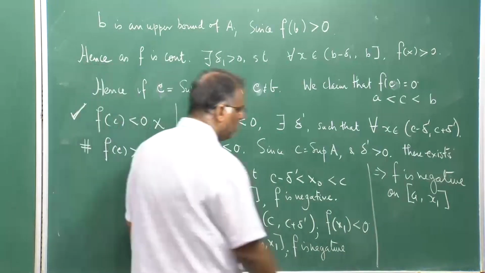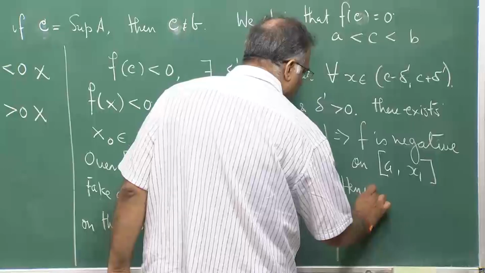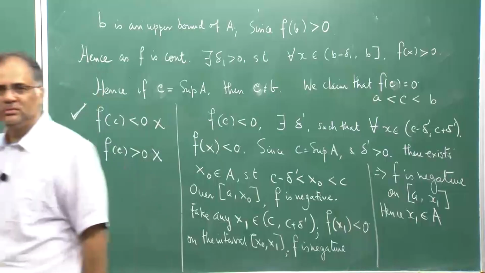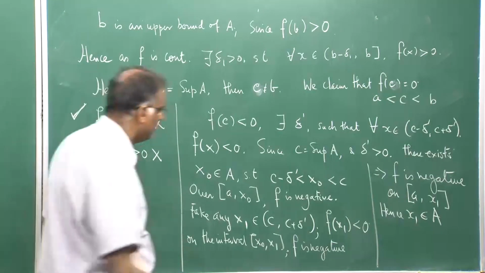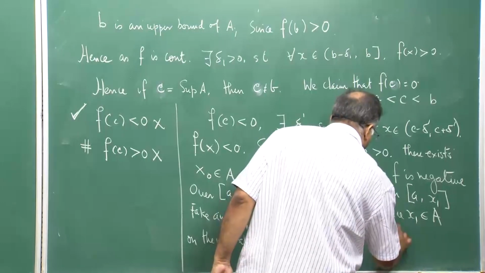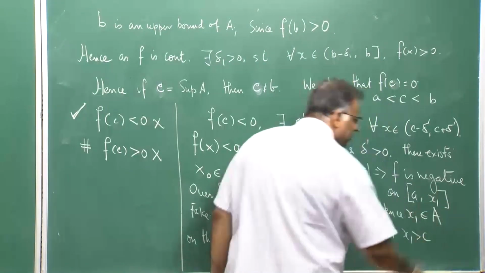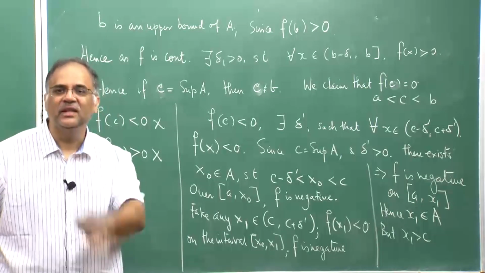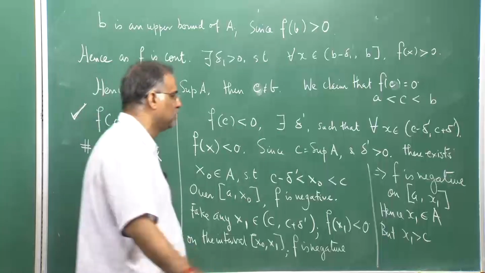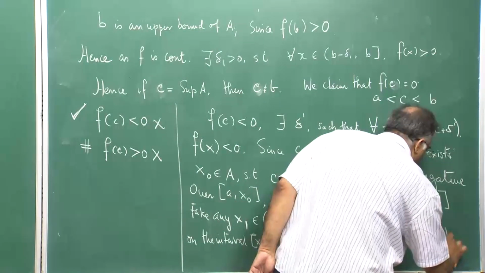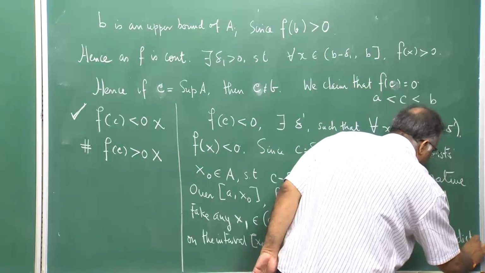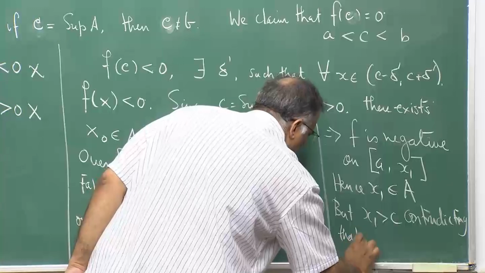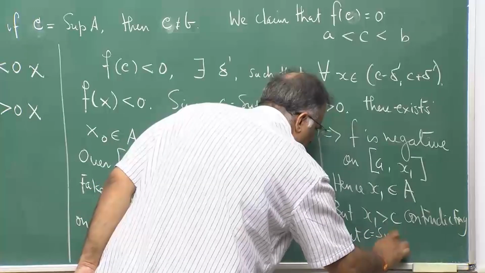Hence x1 is an element of A, but x1 is strictly bigger than c, contradicting the fact that c is the supremum, contradicting that c is equal to supremum of A.